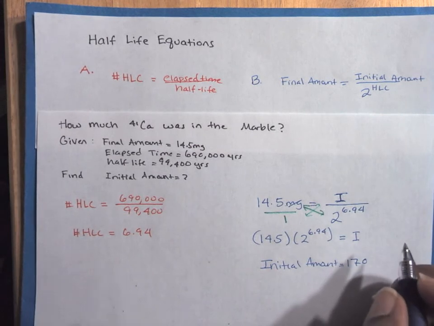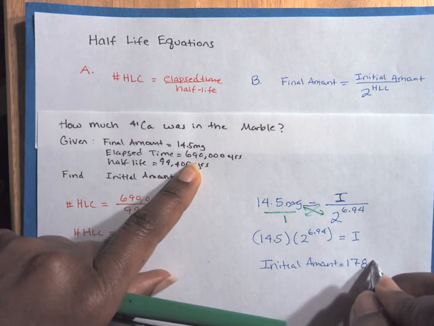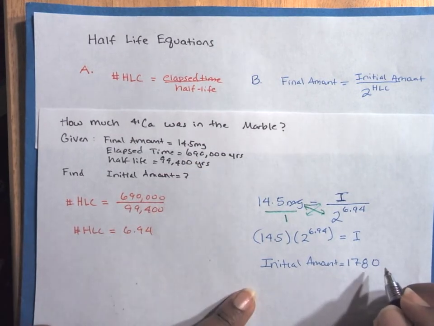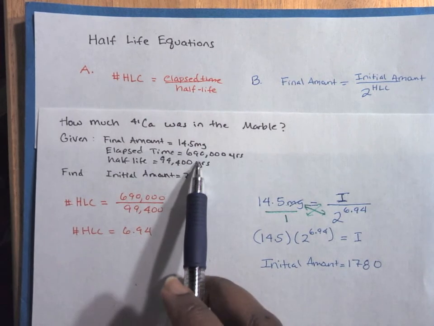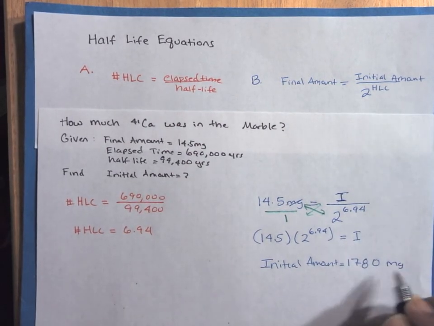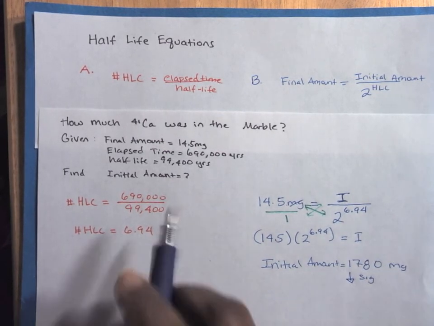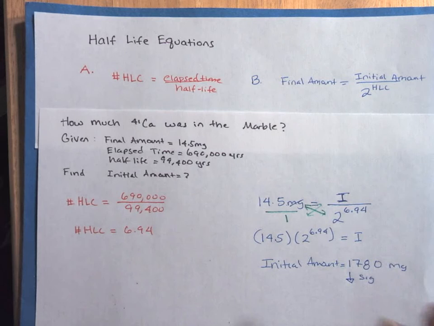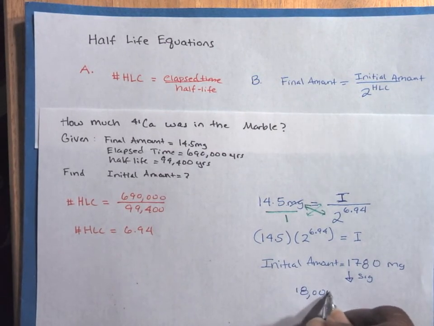First I'm going to write everything out so we can see. Since we're dealing with amounts, we're going to use the units that we had for our final amount, milligrams. Initial amount will be in milligrams. But to get this in correct sig figs, since I have only 2 sig figs here, that's 18,000 milligrams.